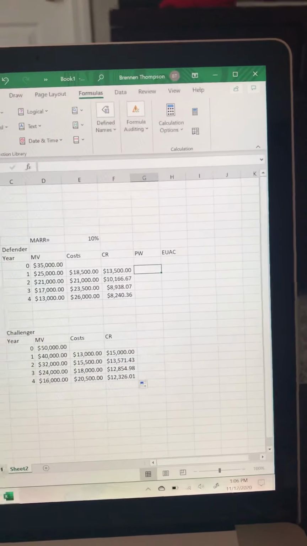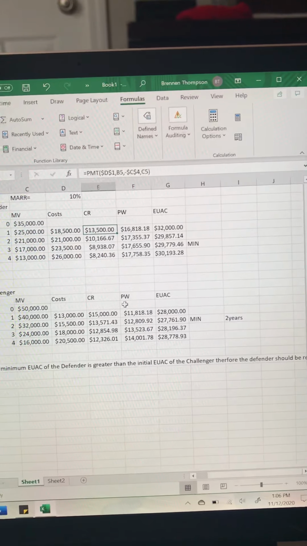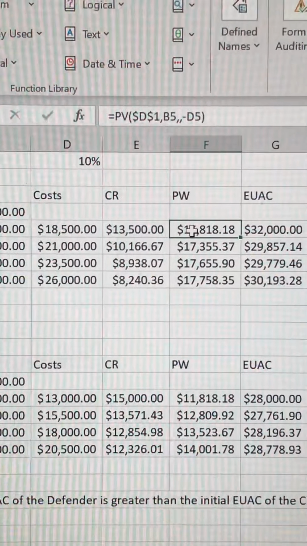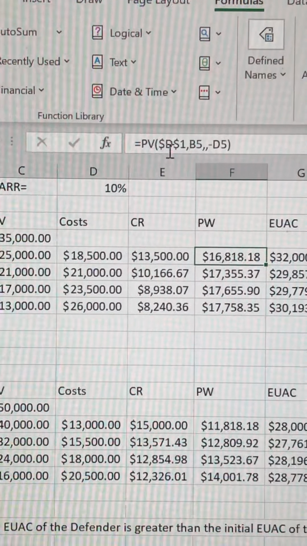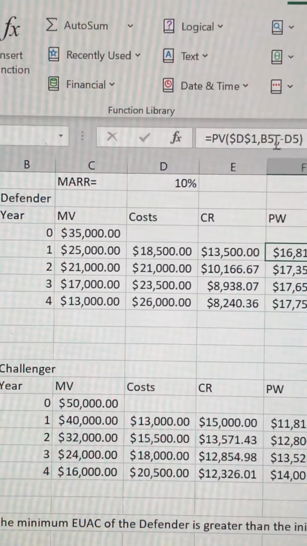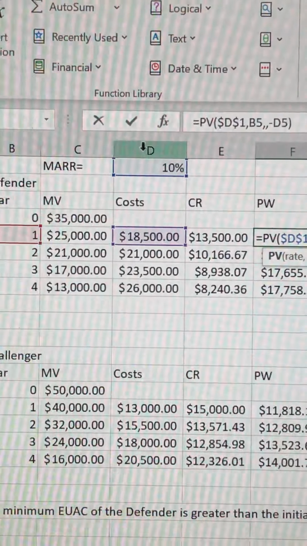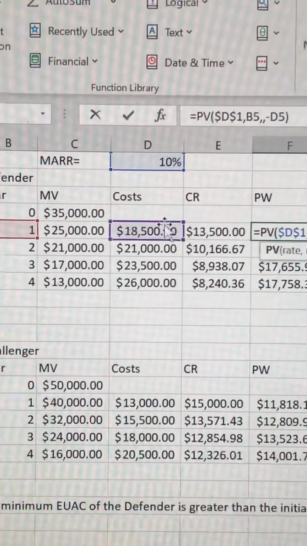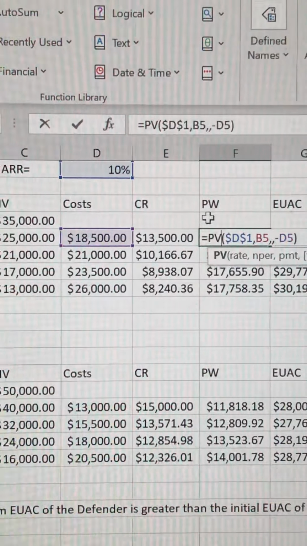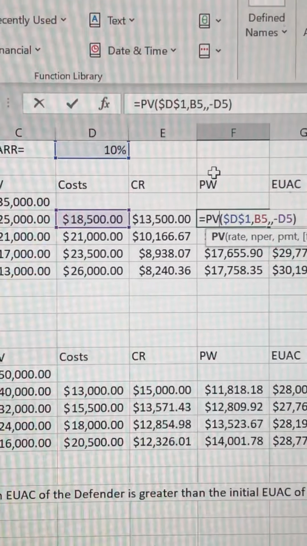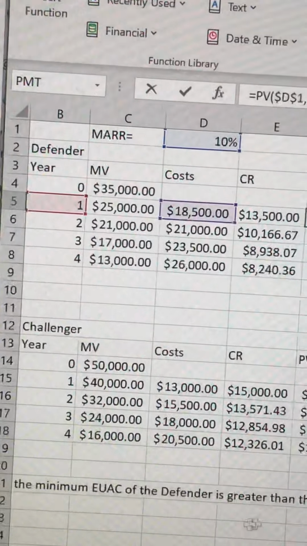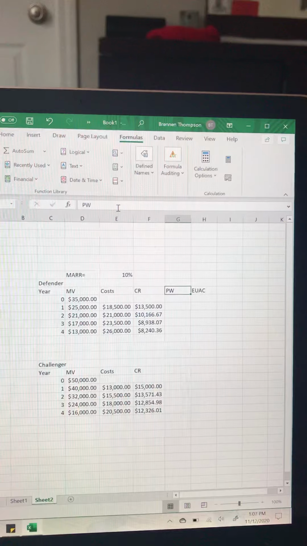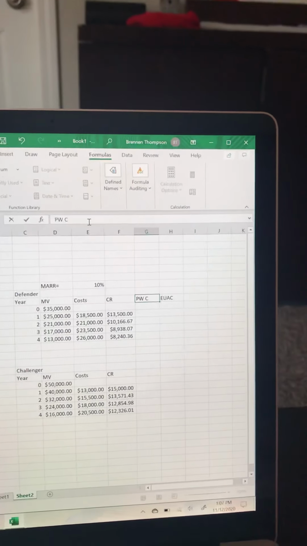Now for the present worth. So here you can see present worth is just the present value function. You take the rate and year and the cost, and then it's going to be for each year. So really, the present worth we're finding is for the costs.